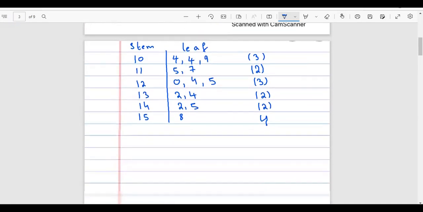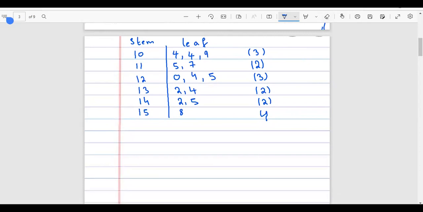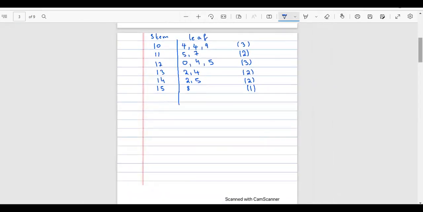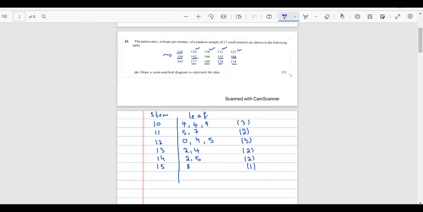All right. And then we have 16. So 160. 0, 2. Very good. And 162. 0, 2, and it should be 2.